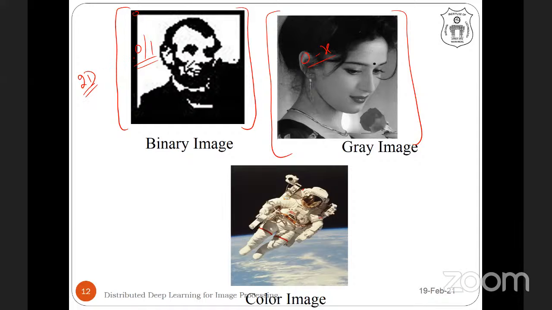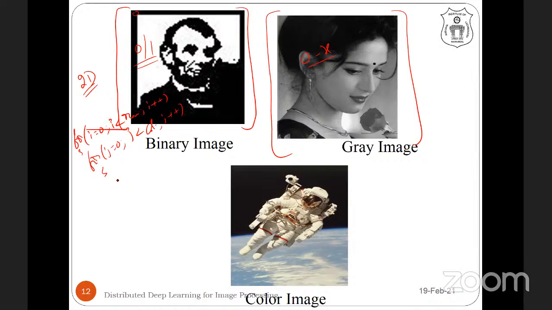So can you write a simple 2 lines of code to make zeros as ones and ones as zeros? What is the coding for this? For i equal to 0, i less than row, i plus plus. For j equal to 0, j less than column, j plus plus.